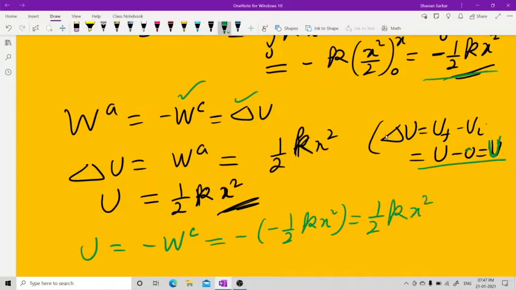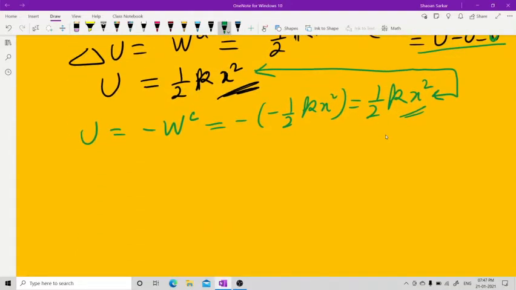Whether I calculate from the work done or from the conservative work, you will always get the same answer. Now let us see about gravitational potential energy. Spring potential energy is quantified.